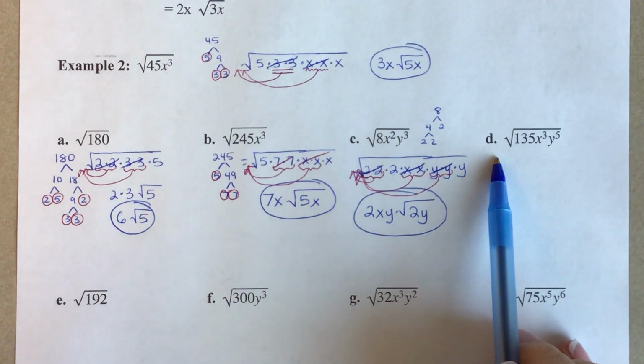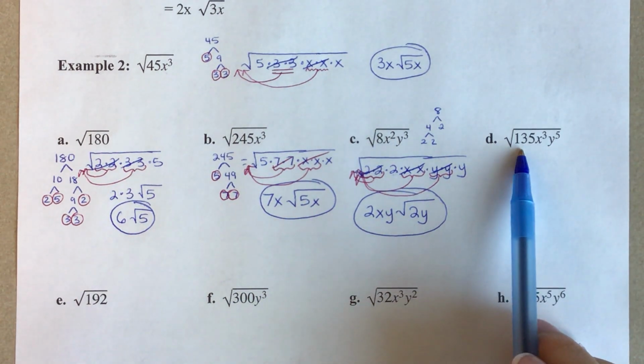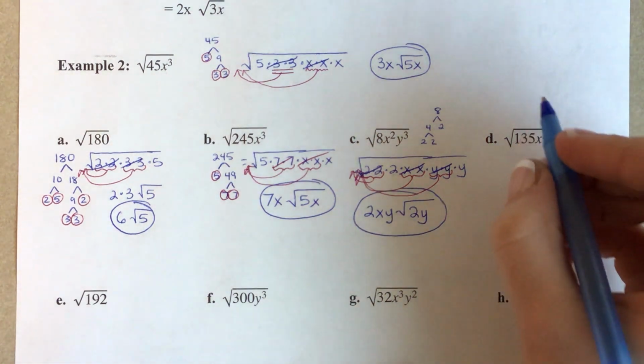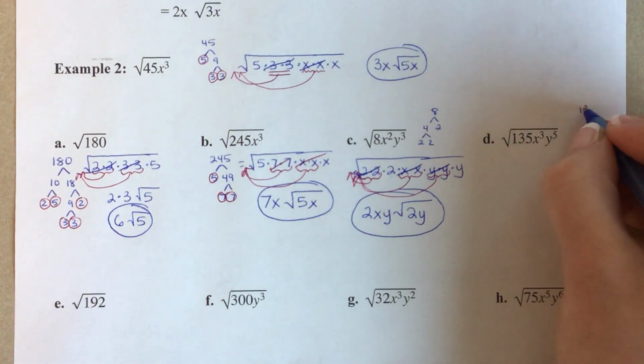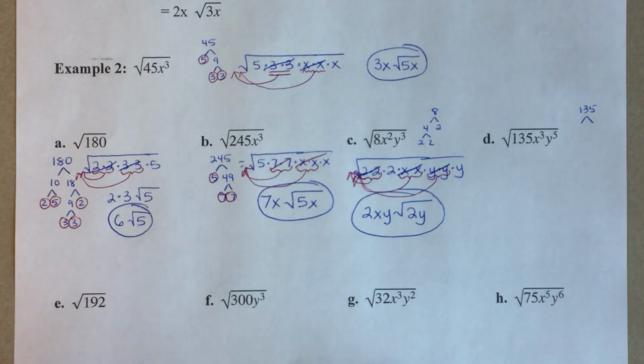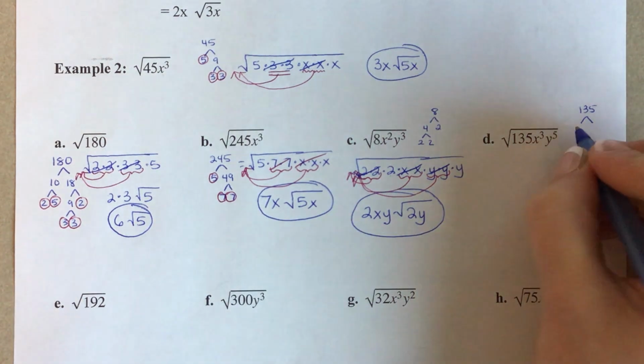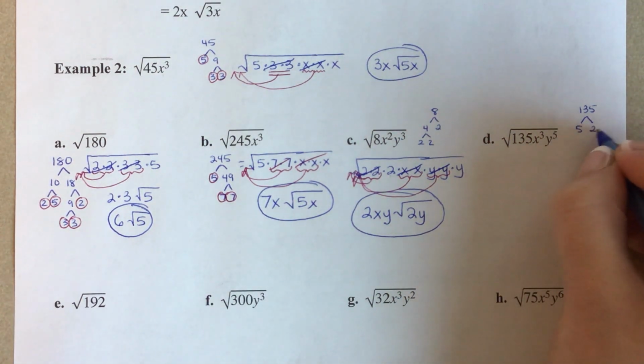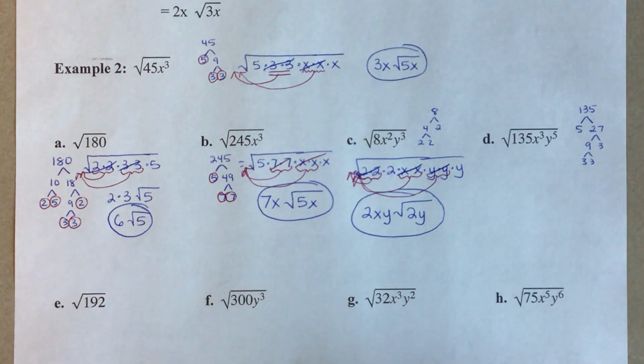For example D, I'm breaking down the number 135. So if I break down 135, I'll do it right here. 135 is divisible by 5, and that gets me 27. 27 is 9 and 3, and then that's 3 and 3.